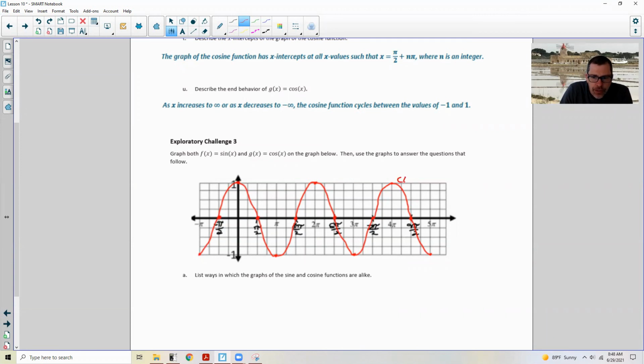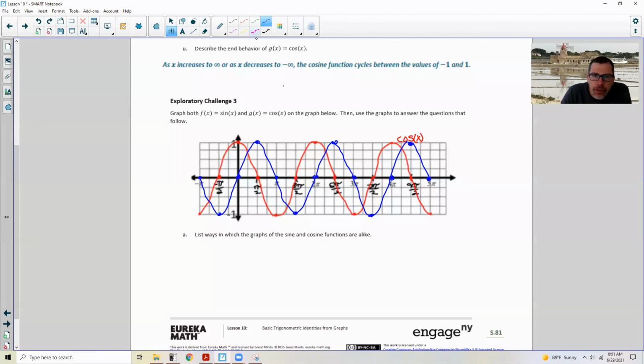And here is the graph of the sine of x. So there it is. The cosine is in red and the sine is in blue.